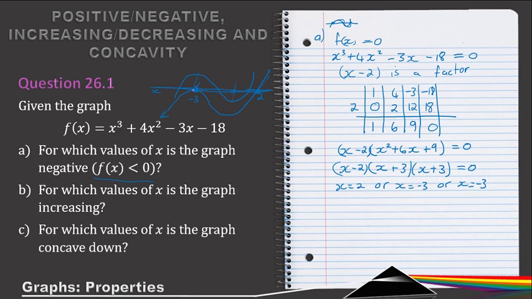This point is actually equal to 0. And it doesn't say less than or equal to 0, it only says less than 0, meaning all the x values less than 2 are below, except for that one. So if I write that, I'm just going to say that x is less than 2, so that just means all of this, guys, but I have to include that x is not equal to -3, because at -3 it's actually equal to 0.